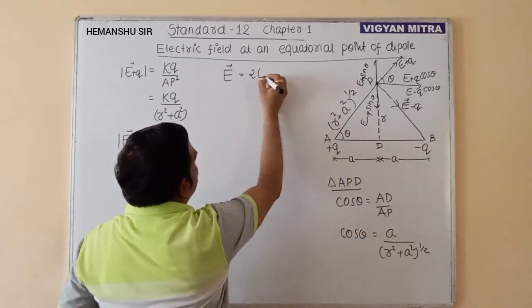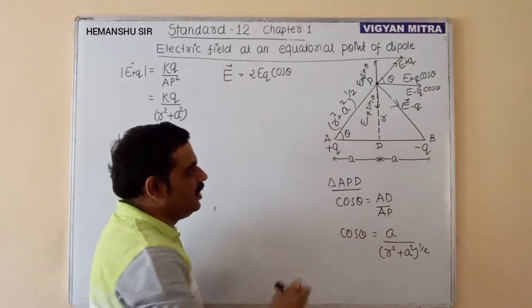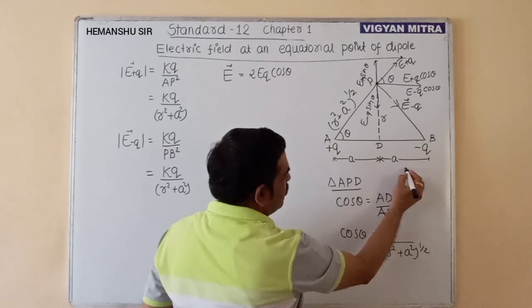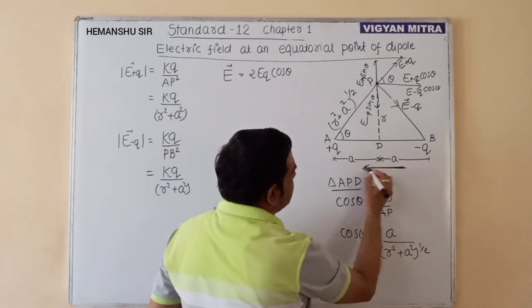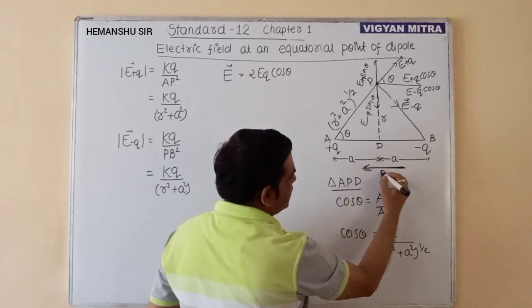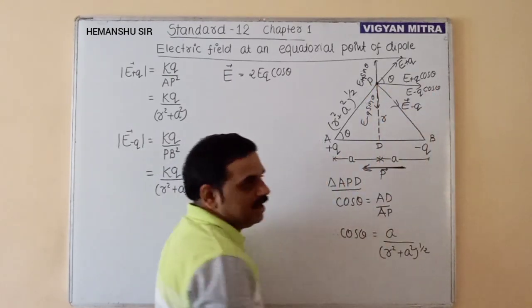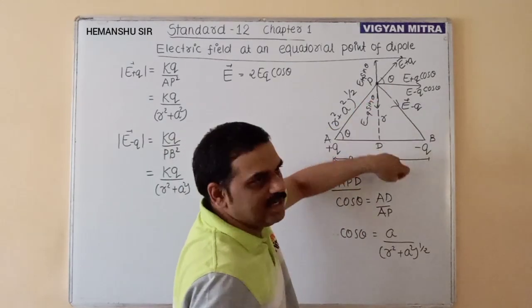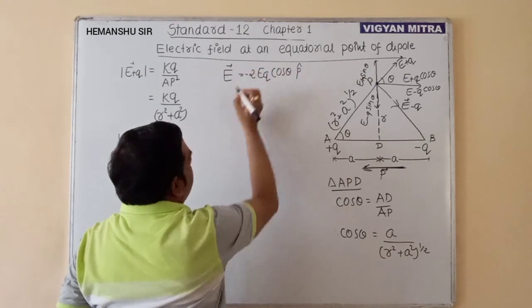So it will be 2EQ cos theta. Now see here, the dipole moment is from negative to positive. So here the dipole moment is from B to A. This is the dipole moment direction, and our electric field is in this direction. These two are in opposite direction. So here we can write minus P cap.